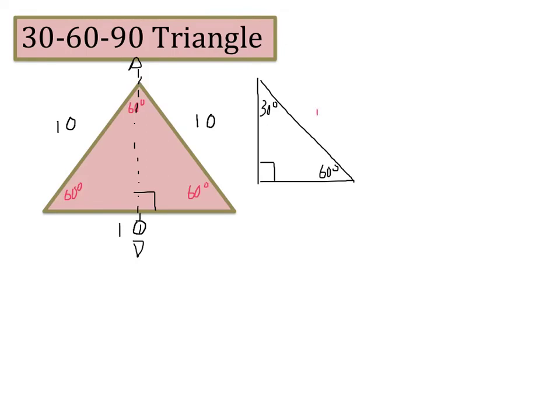Now I know my hypotenuse is 10, and since I split this bottom base in half, I know this side is 5. So what I want to figure out is, what is x? And for that, once again, we can use the Pythagorean theorem.